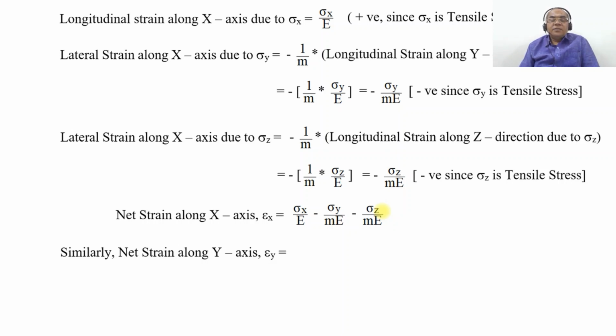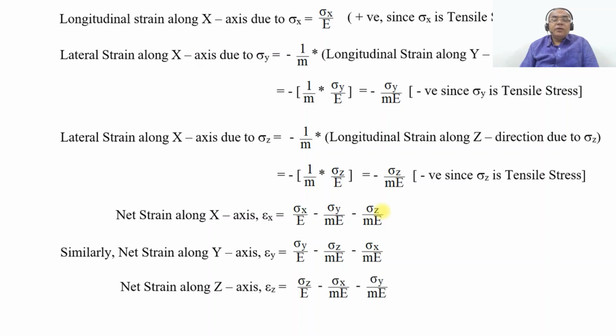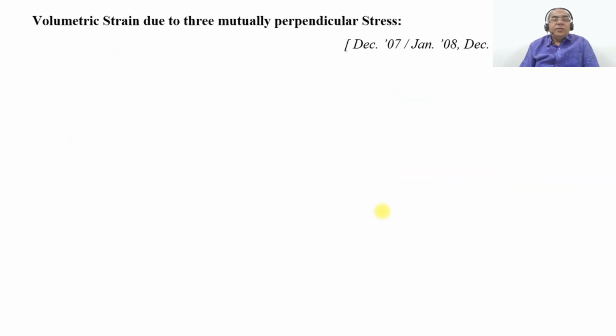Since the y axis is considered, you will have a longitudinal strain along the y axis and lateral strains along x and z: sigma y by E minus sigma z by m E minus sigma x by m E. Similarly, the net strain along the z axis, epsilon z, will be equal to sigma z by E minus sigma x by m E minus sigma y by m E. So these are all the different strains acting along the x, y, and z directions.